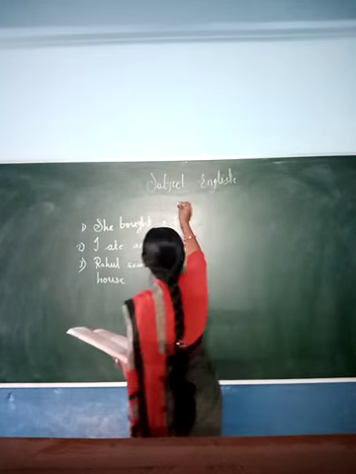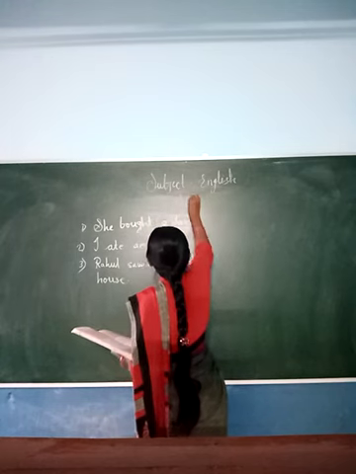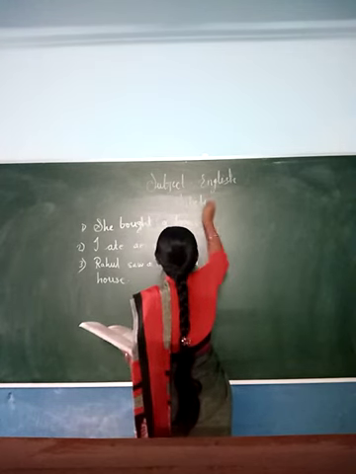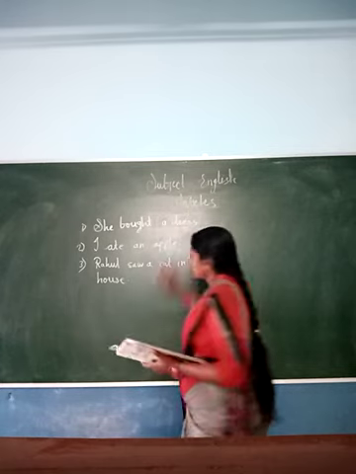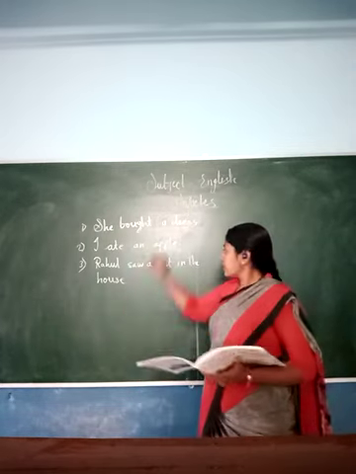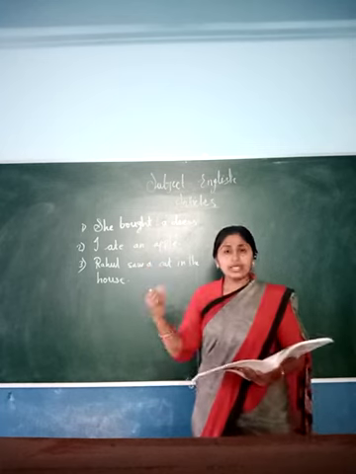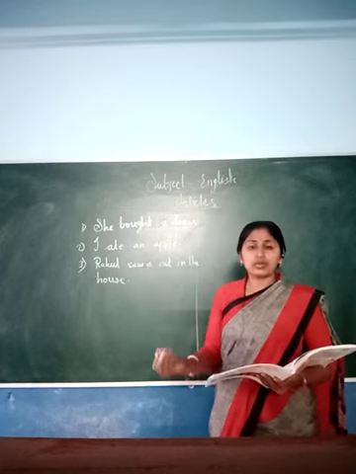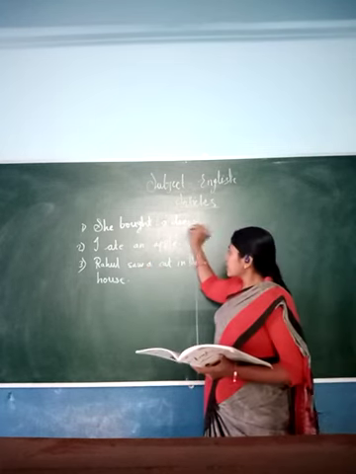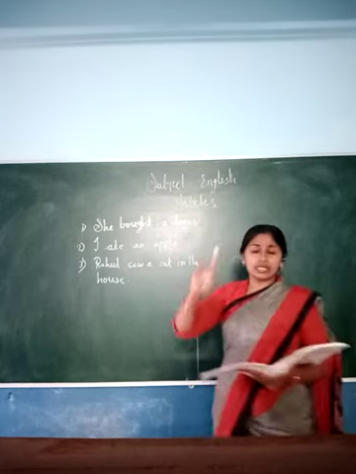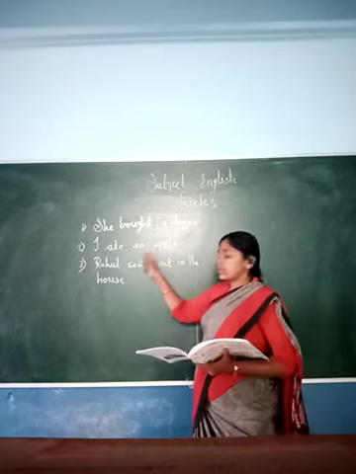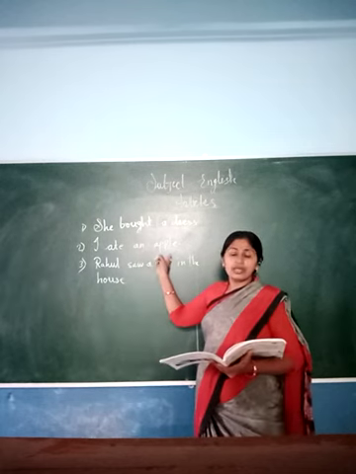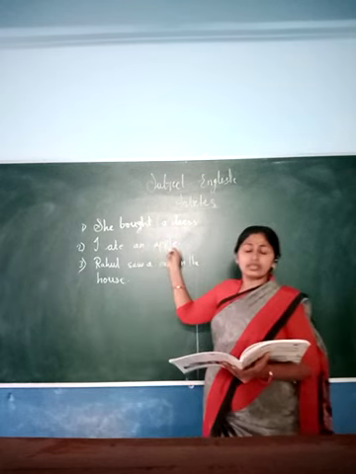Today, I am going to teach you articles. It comes before the common noun, singular common noun. Here, a dress. It shows one dress, singular common noun. Here, I ate an apple, and it comes before the common noun, singular common noun.